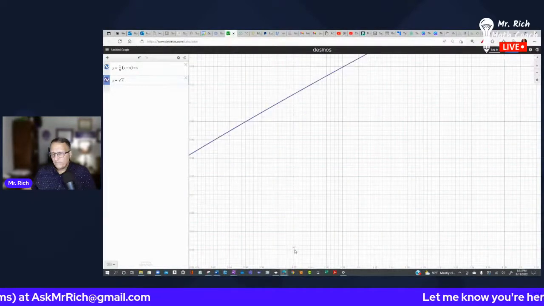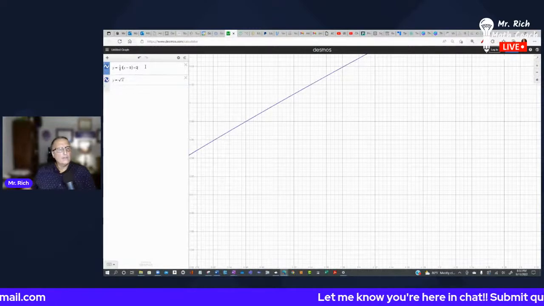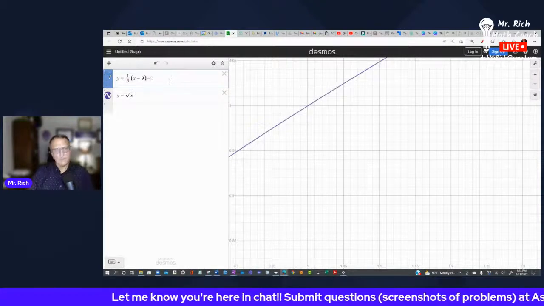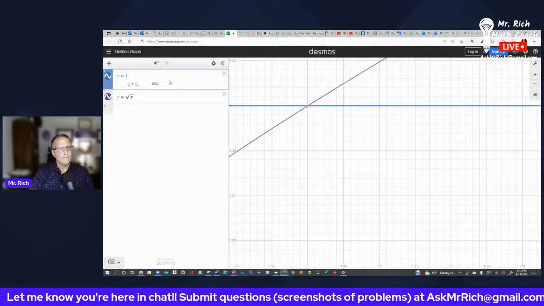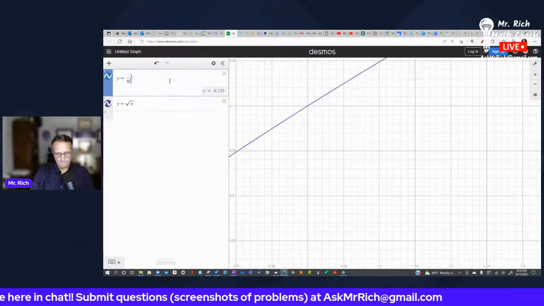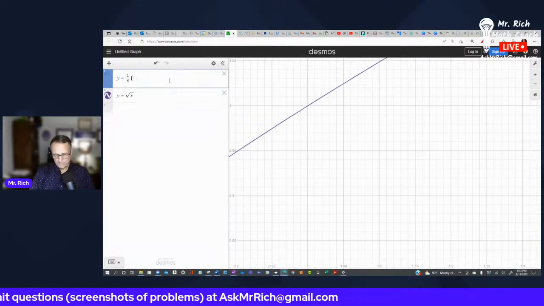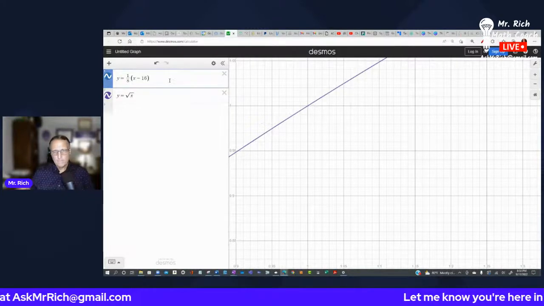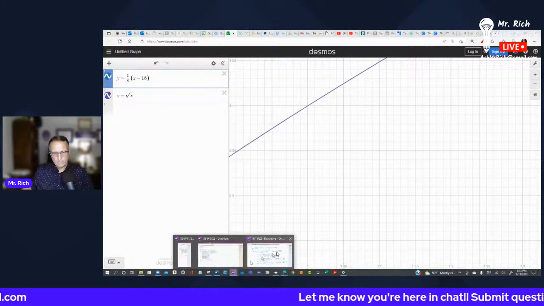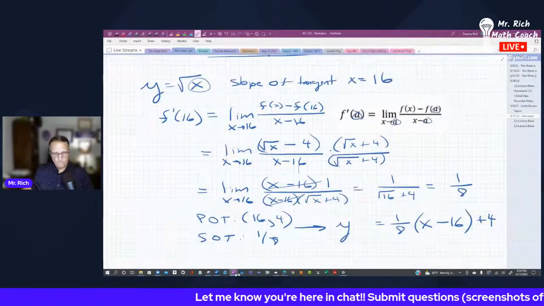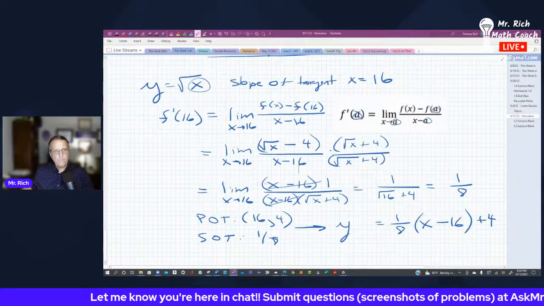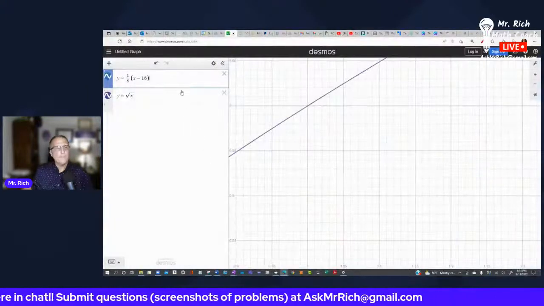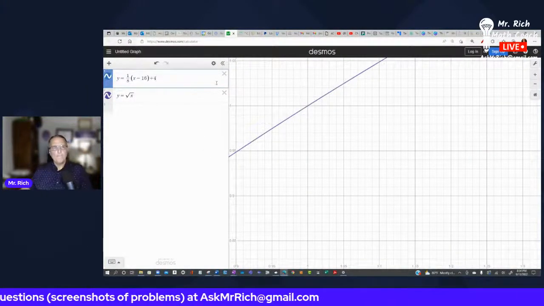All right, so we still have our square root of x function there. Now, what we now want is 1 over 8, and then times x minus 16, and plus 4. Nope, we need to go over to here. x plus 4.